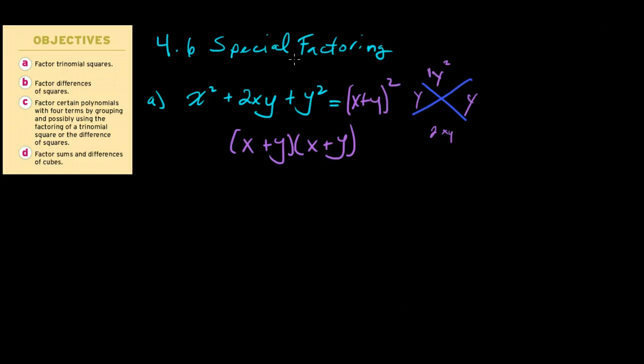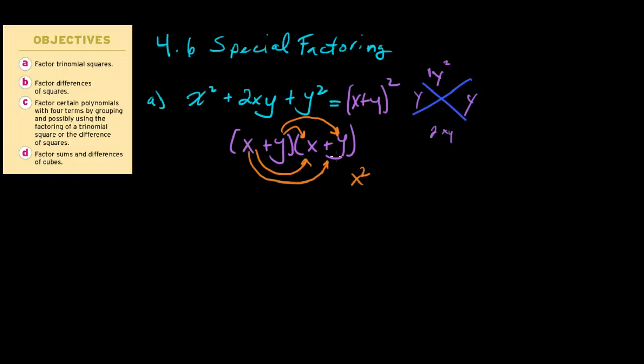And this is what I mean when I say taking the first term, squaring it, doubling the two terms, and then taking the last term and squaring it. So if I were to crab claw this out, then my first term would be x squared.